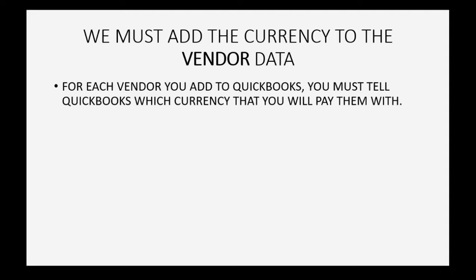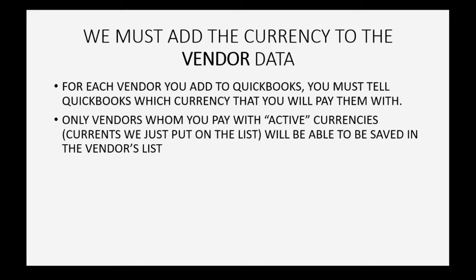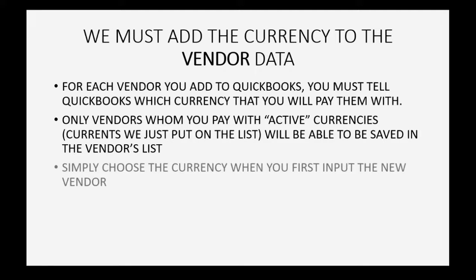Now, whatever we do to customers regarding adding currency, we must also do to the vendors. For each vendor that you add to QuickBooks, you must tell QuickBooks which currency you will pay them with. Only vendors whom you pay with active currencies, which means currencies that we put on the list, will be able to be saved in the vendor list.